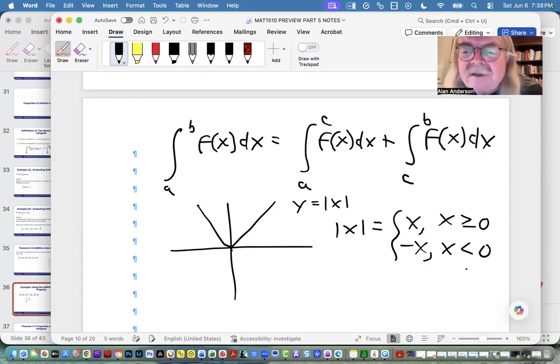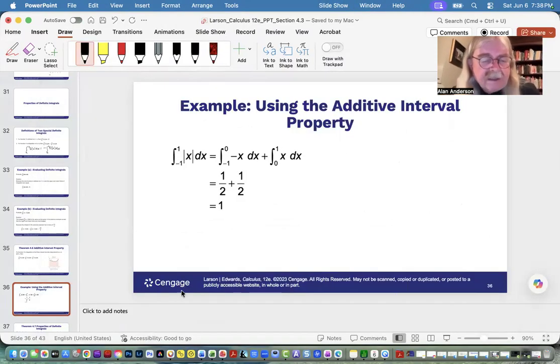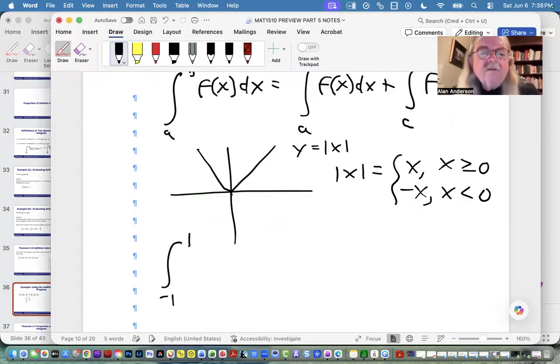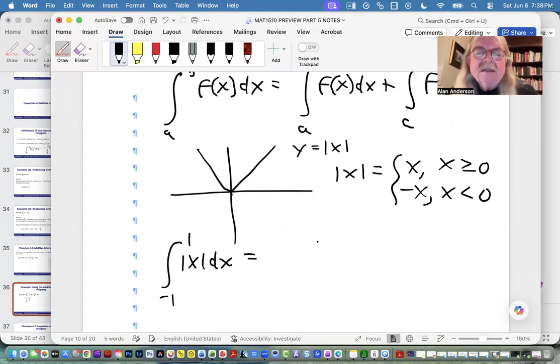Because if x is positive, it stays positive. If x is negative, we multiply it by -1 and it becomes positive. So the integral of this between, let's say, -1 and 1, I think you would find that taking the integral of absolute x would be a nightmare. So what they're suggesting is, don't worry about it.